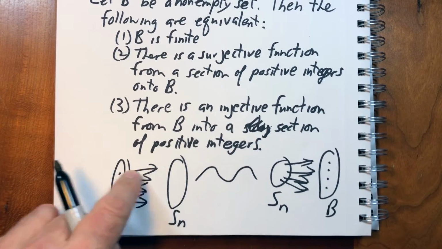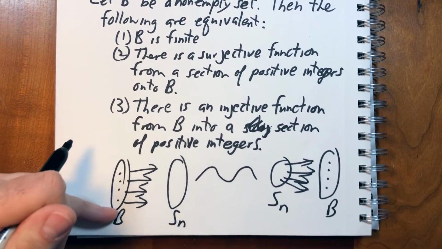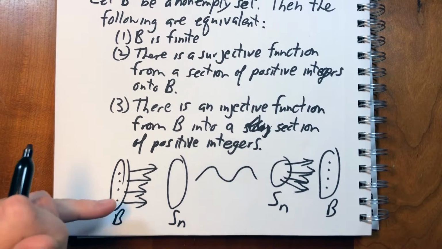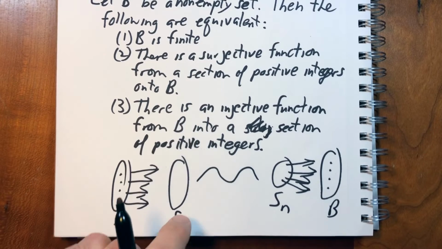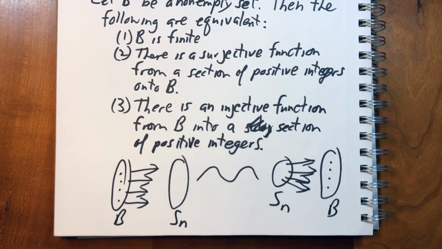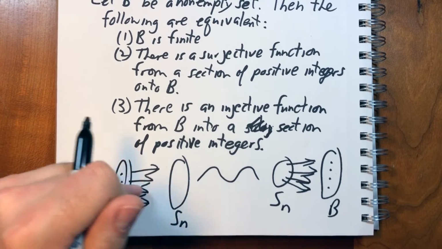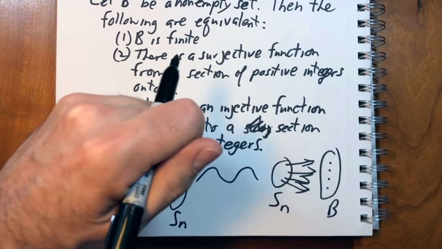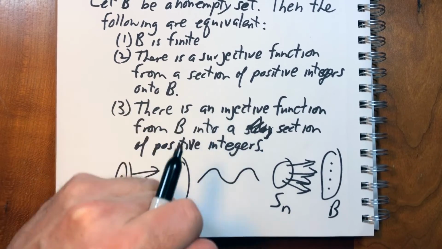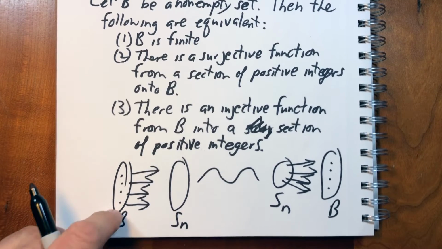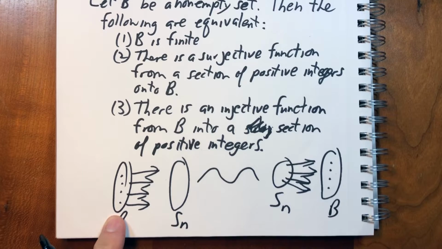Then this could go on forever, and B could be infinite. If you allow multiple elements in B to point to a single element in the section of integers, then we haven't accomplished anything. But if this function is injective, and only one element in B is allowed to point to each element in the section of integers, then that means that B has to be finite too.